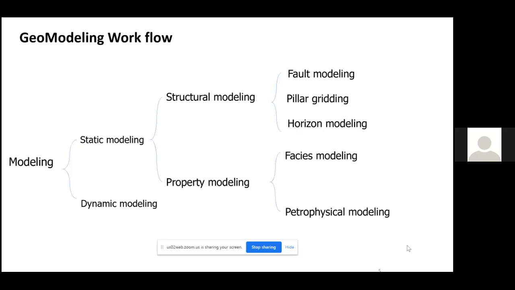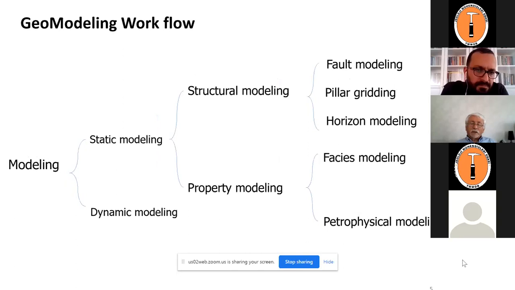But during property modeling, we try to distribute any reservoir properties such as lithofacies, electrofacies, any discrete parameters, we name it facies modeling. And we can also distribute continuous properties such as porosity, water saturation, permeability, and we can name it petrophysical modeling because it's usually continuous data.